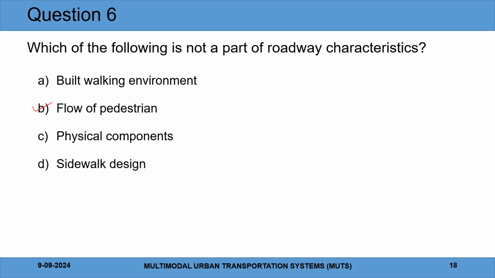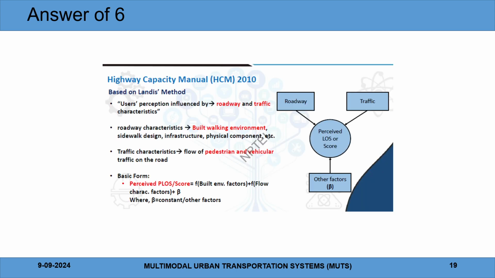Then in this question, which of the following is not a part of roadway characteristics? Here the roadway, physical component, and sidewalk design are all part of the roadway characteristics. These roadway characteristics are built walking environment, sidewalk infrastructure, and physical component.